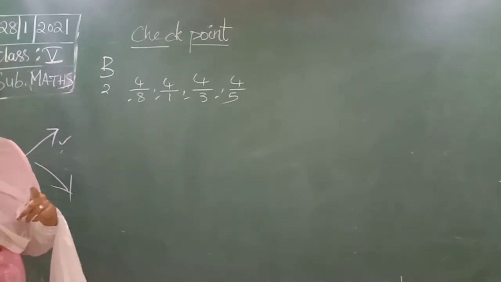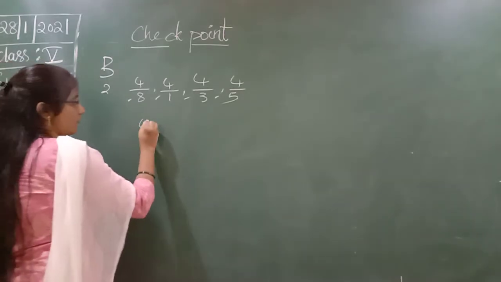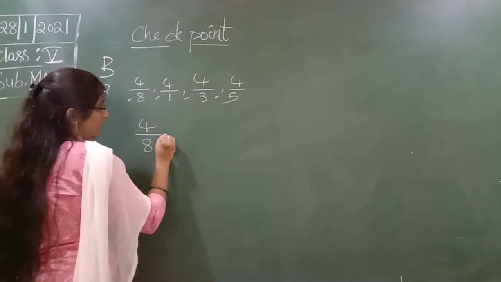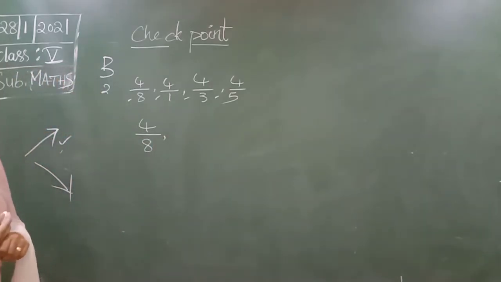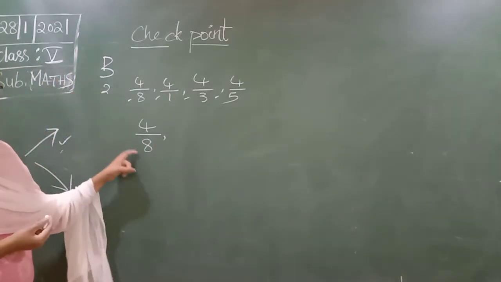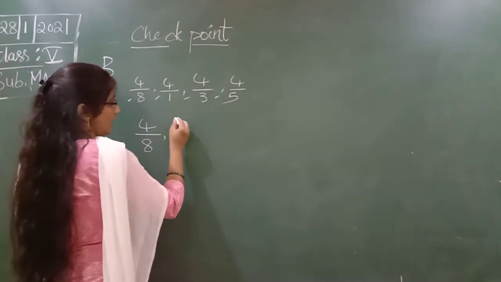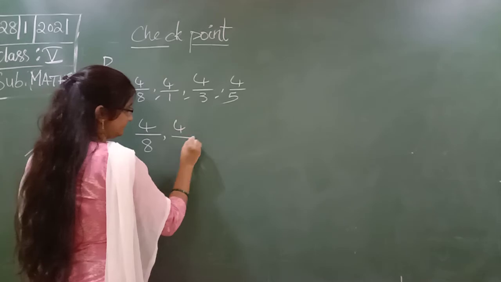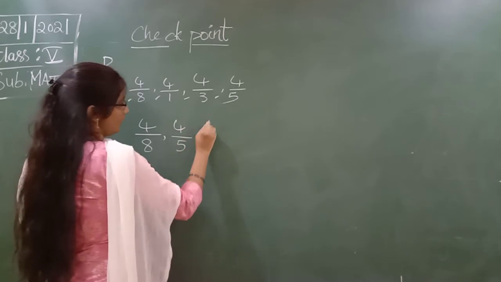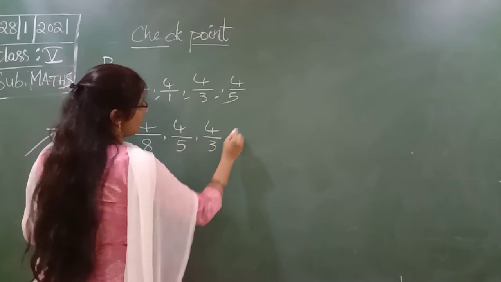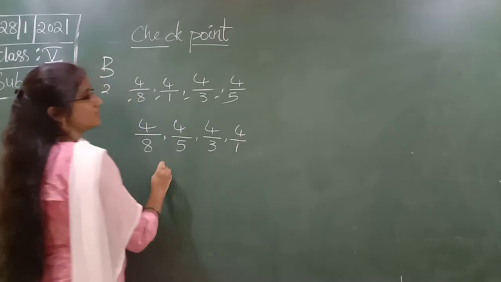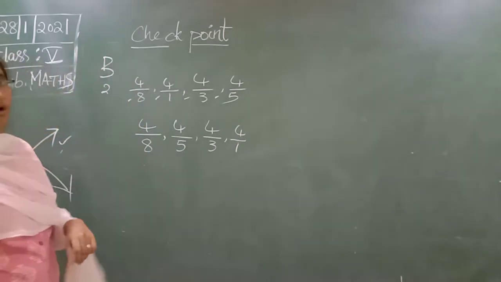Which one has the greatest denominator? 8. So 4 by 8 is the smallest. Next 4 by 5, then 4 by 3, and 4 by 1. This is the ascending order of this problem.